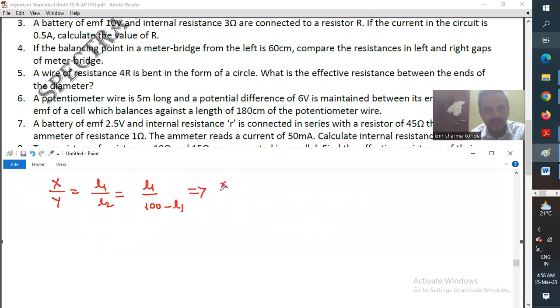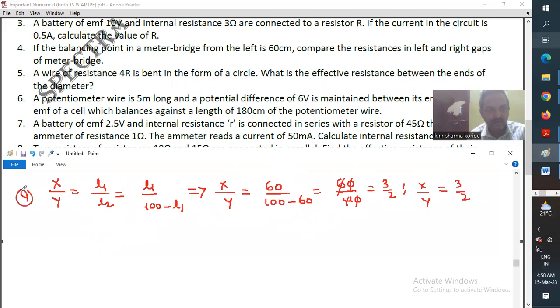They are asking us to find out the X by Y ratio. L1 is 60 centimeters. You don't need to convert centimeter into meters. So 60 by 100 minus 60, which is 40. 0, 0 cancel. This is 3 by 2. The answer is X by Y is equal to 3 by 2. Next, moving to the next question.